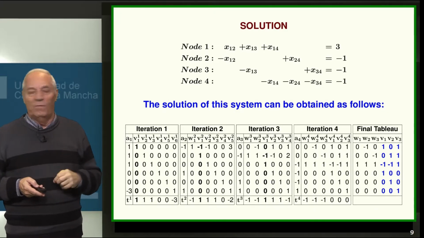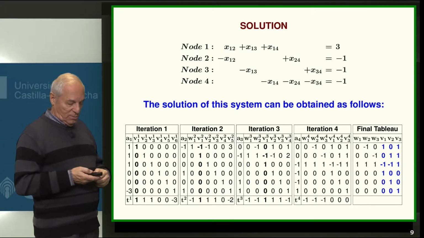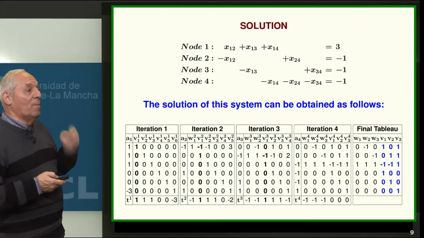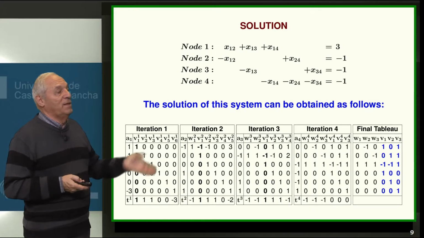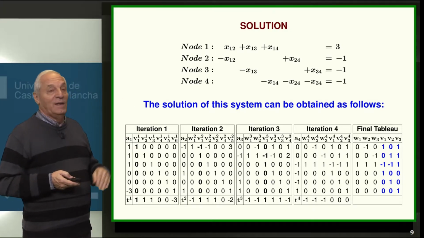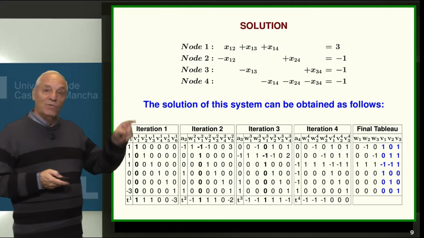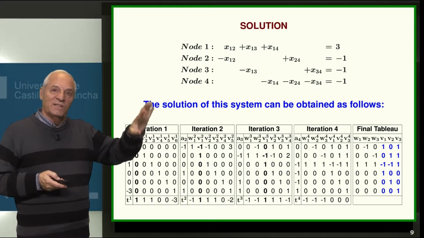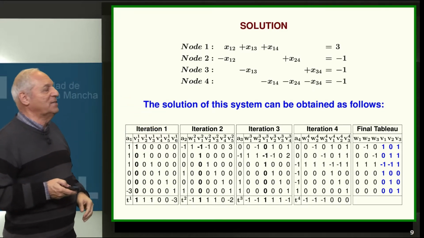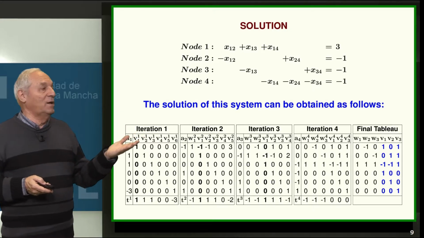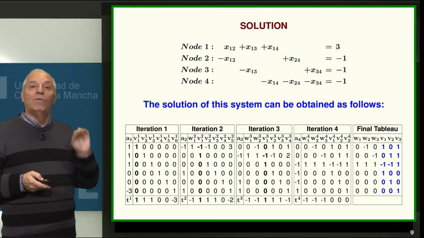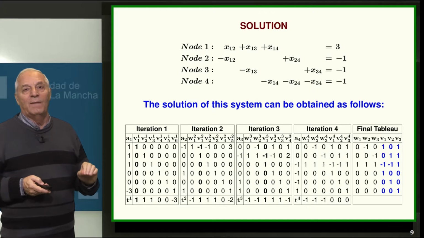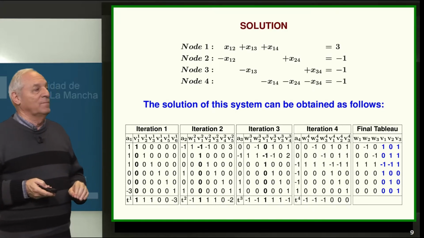We put 3, there is a deposit in node 1, which gives us 3 flow units, and we take out from each of the other 3 nodes 1 unit of flow. To solve a complete system, what has to be done? We need to create a new fictitious variable, which has to take value 1. We have to multiply it by the independent terms and pass them to the other side, with changed sign.